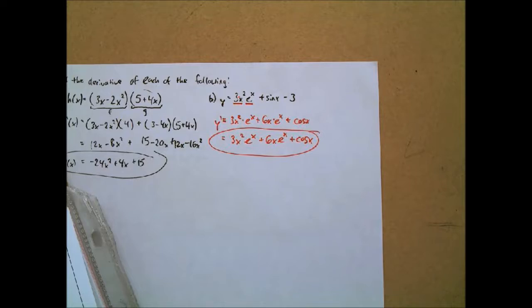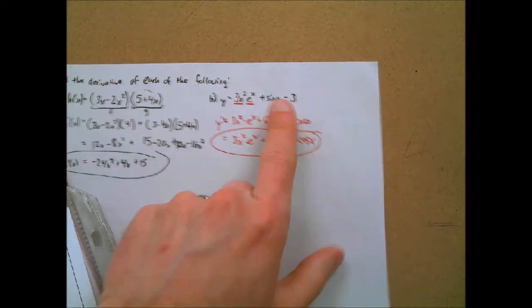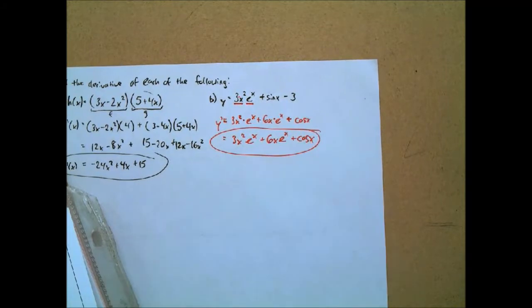And when we take the derivative of g in the second part of the product rule, the derivative of e to the x is e to the x. Sorry, the 3x squared becomes 6x, but e to the x does stay the same. Of course the derivative of sine is cosine, the derivative of minus 3 is 0. Okay?